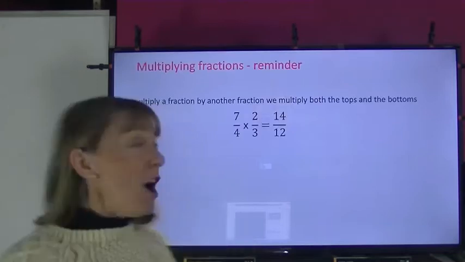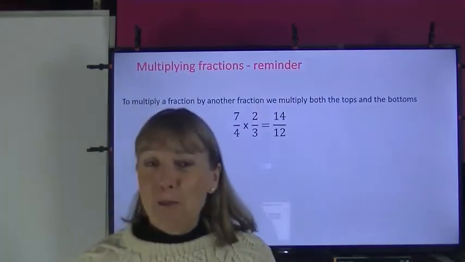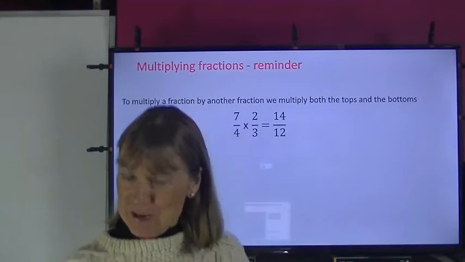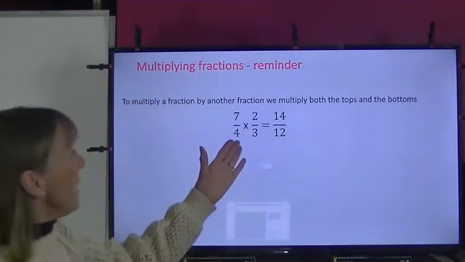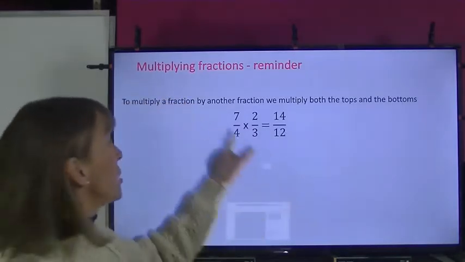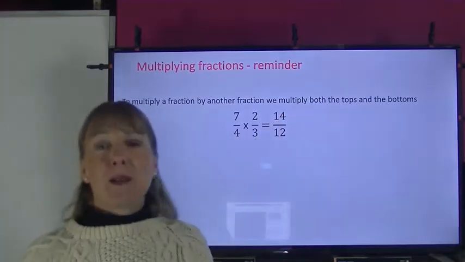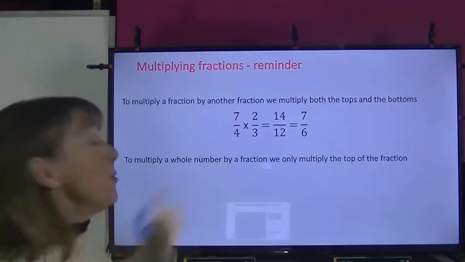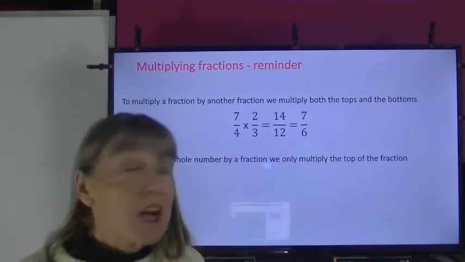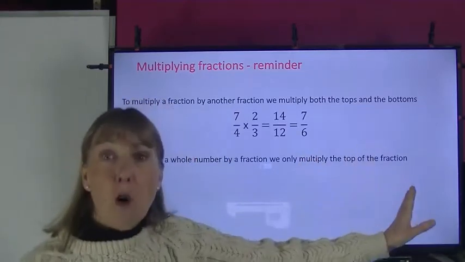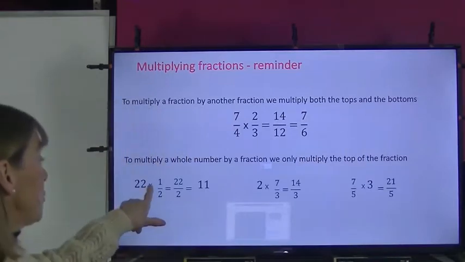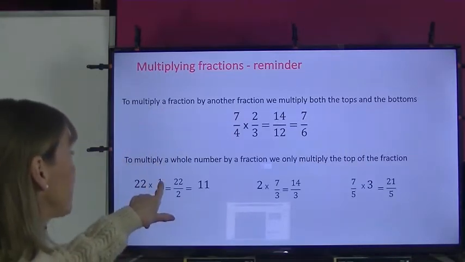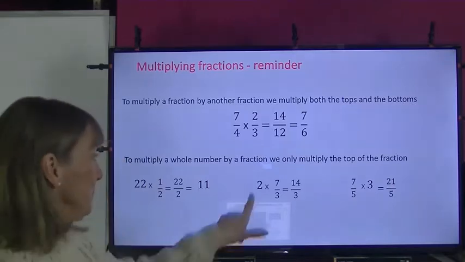So, before we start, let's remind ourselves how we multiply fractions, because some of my students haven't done this for a while. If we're multiplying a fraction by a fraction, we multiply the tops, we multiply the bottoms, and we get 7/6. But if we're multiplying a whole number by a fraction, we only multiply the tops. So, for instance, 22 times a half is 22 times 1 over 2.